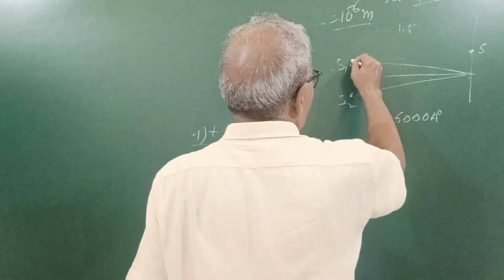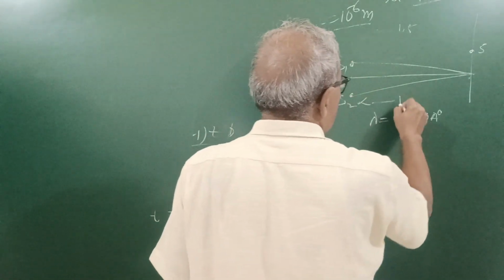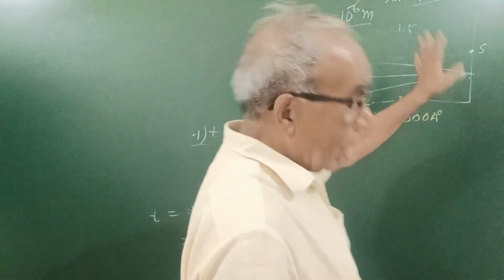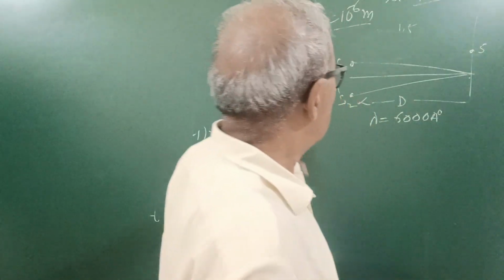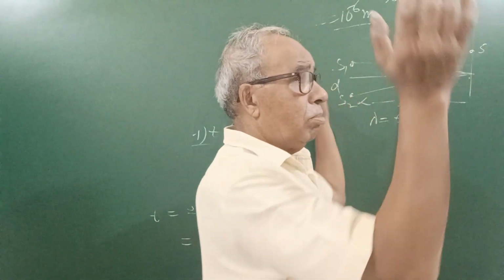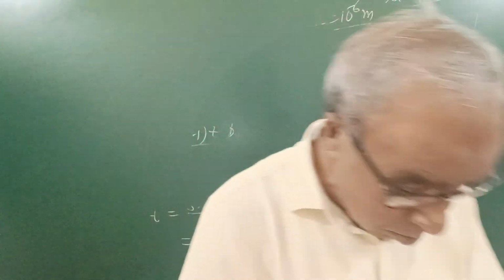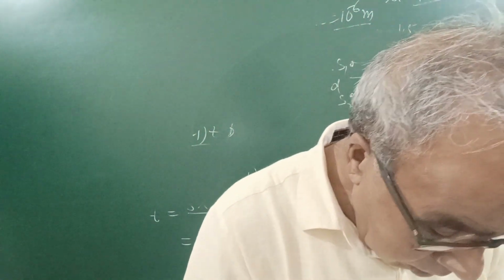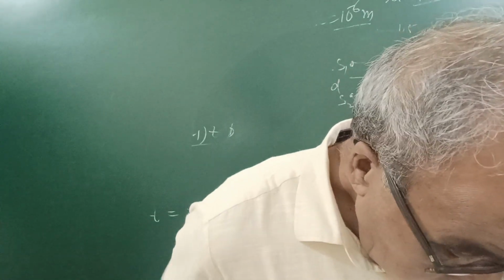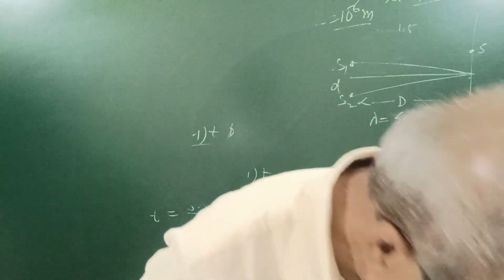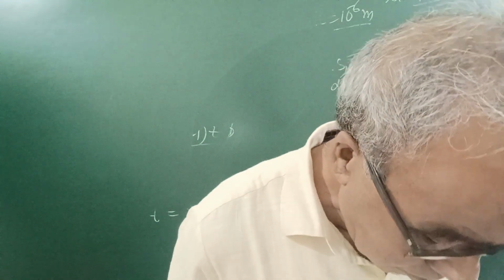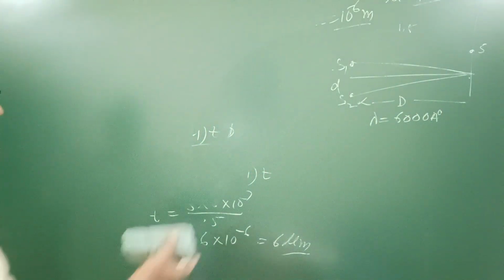Actually, when we perform this experiment in air, we get a bright fringe. Now when we dip the whole apparatus in a medium, then he says that the eighth bright fringe in the medium lies where the fifth dark fringe lies in air.